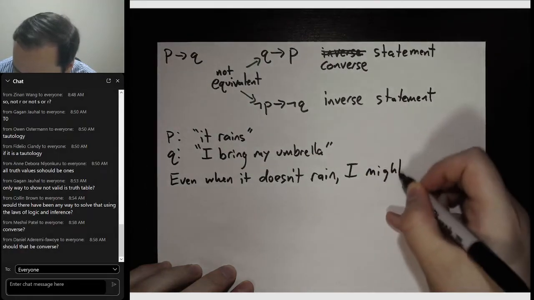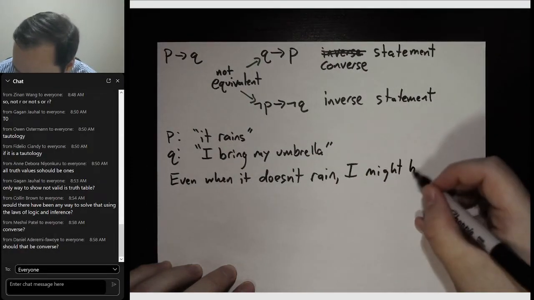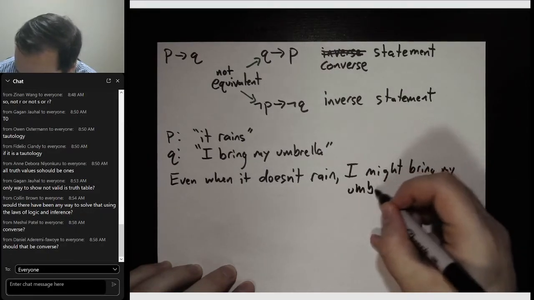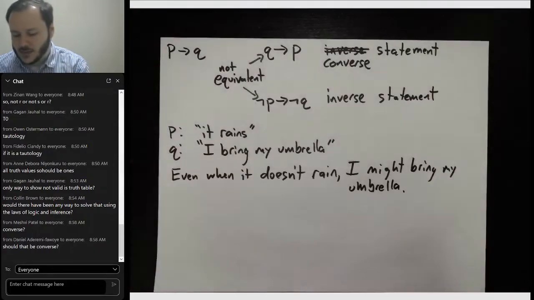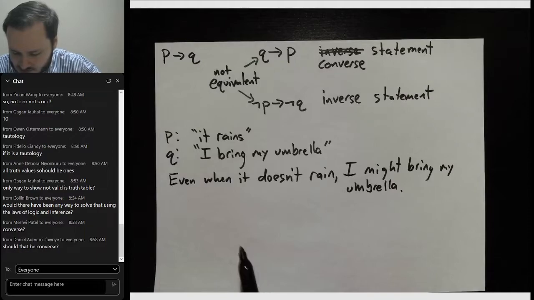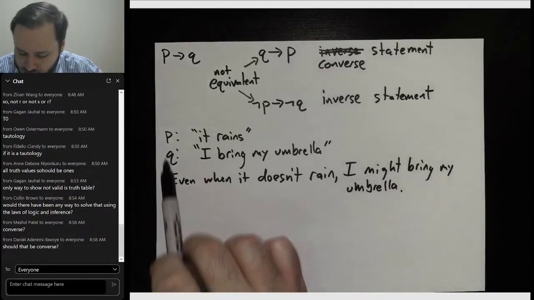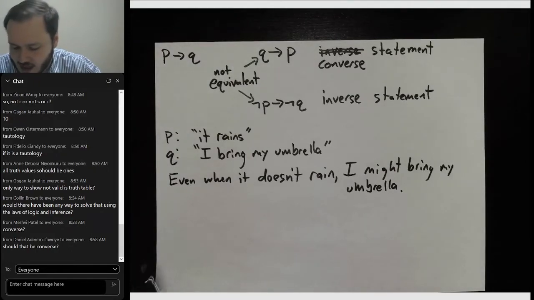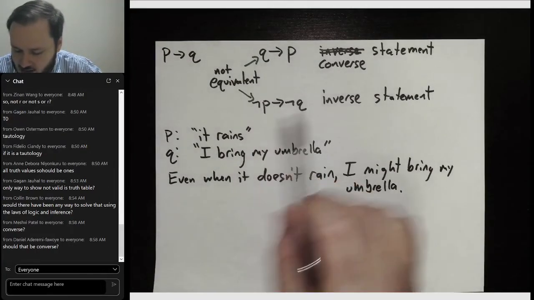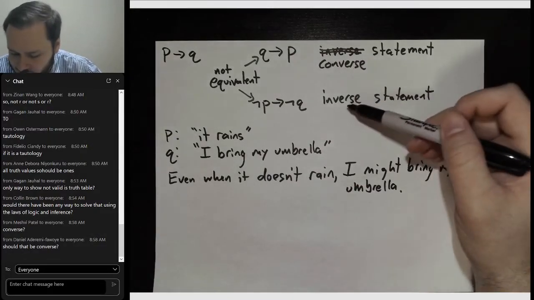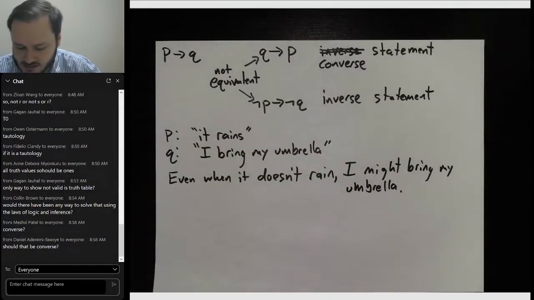Maybe I think it might rain and it doesn't end up happening. If it rains, I'll definitely bring my umbrella, but if it doesn't rain, I'm not making any promises. Which means just because I brought my umbrella doesn't guarantee that it rains. And just because it doesn't rain doesn't mean I won't bring my umbrella. The converse statement and the inverse statement are not equivalent to my original statement.